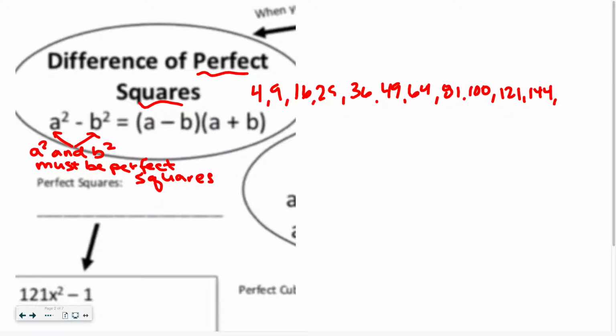Does anybody remember from geometry? You spent a lot of time with squares when you did Pythagorean theorem. 169 is 13 squared. 196 is 14 squared. 225.